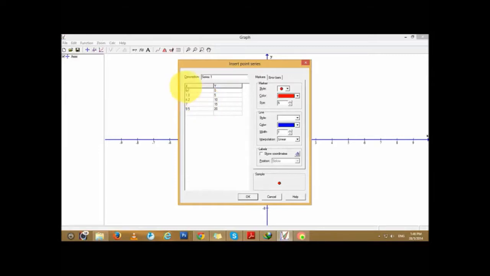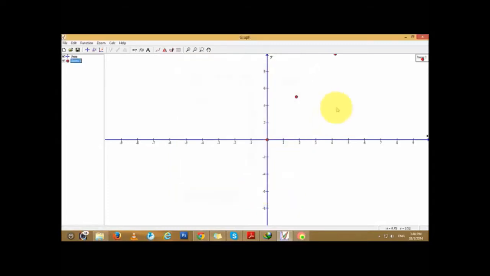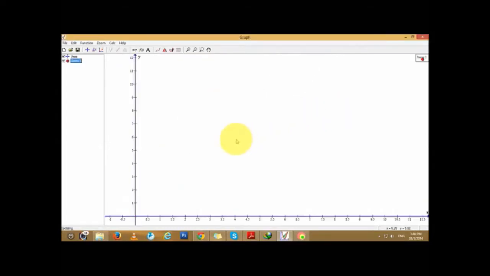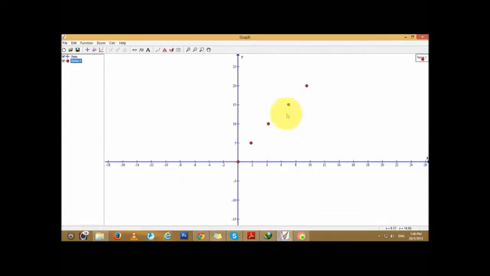The value of X is actually the value of displacement, and the Y here represents the value of force or mass. We just click OK, and here we get the points.